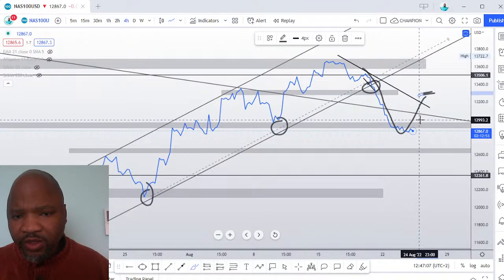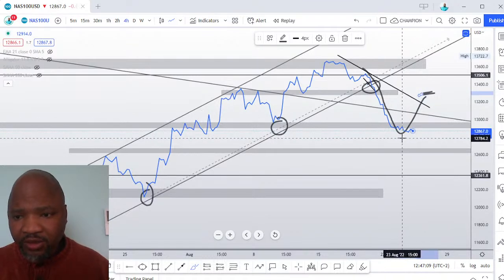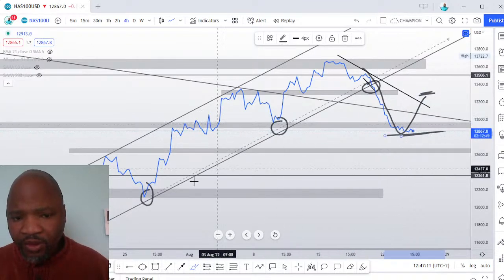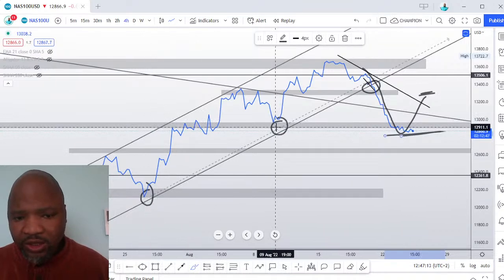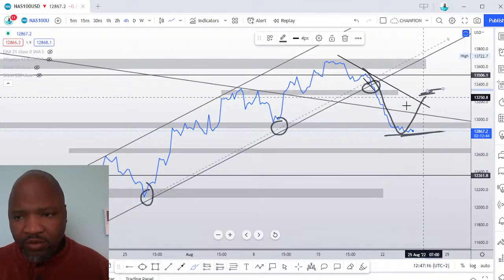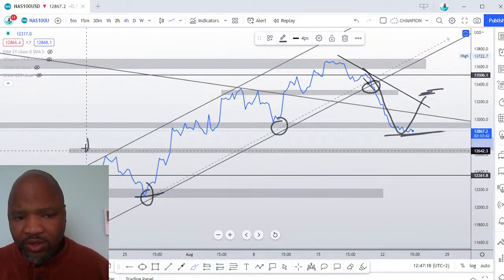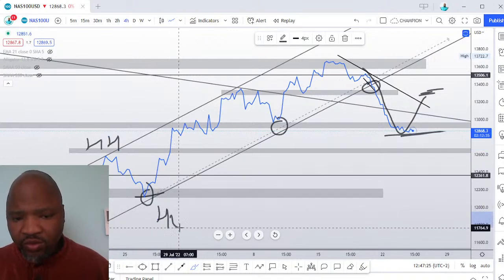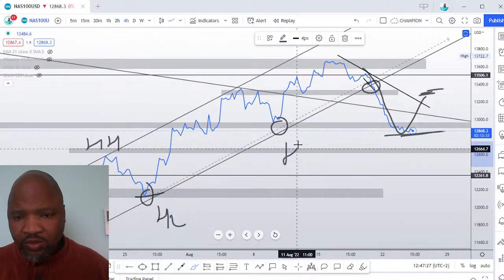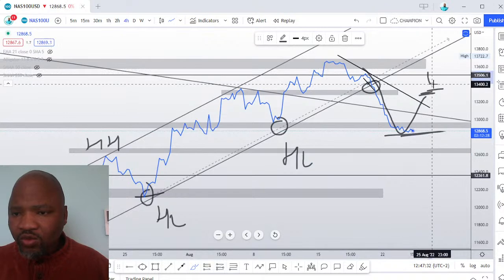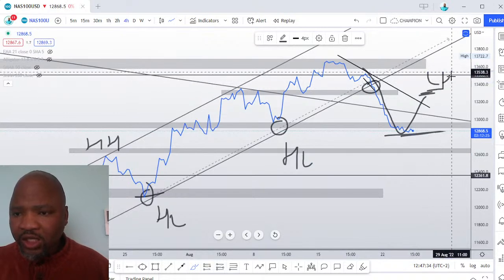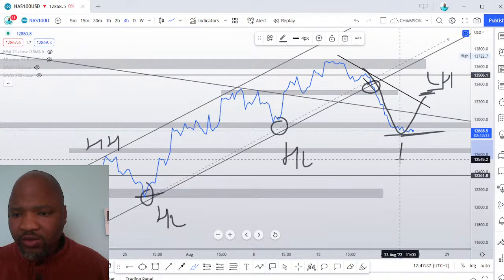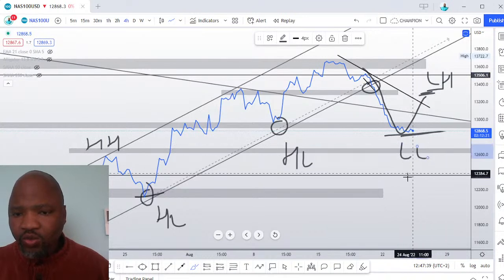It's about to form our lower high, I meant to say, and this is the lower low. This is our lower high, higher low. This is our higher high, HH. This is our higher low. This is our higher low. This is our lower high, and this is our lower low.